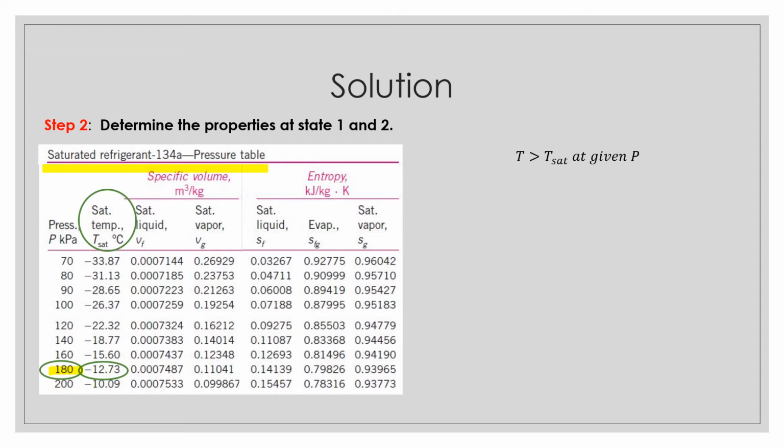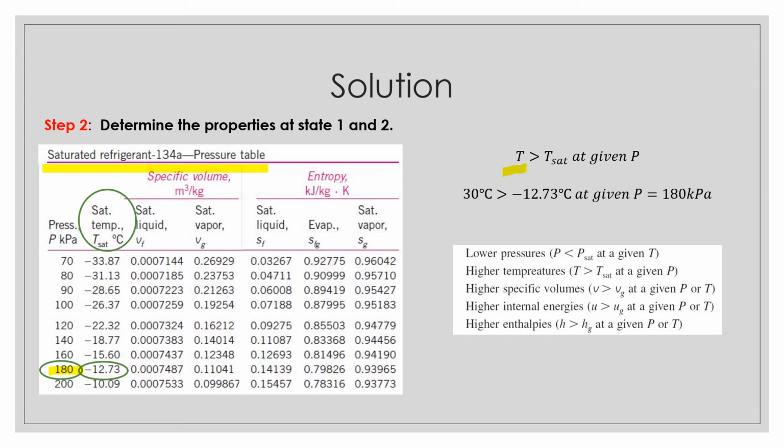Comparing to the given state, T is greater than T sat at a given P, or 30 degrees C is greater than negative 12.73 degrees C at a given P, which is 180 kilopascal. Based on this requirement, we can conclude that the higher temperature, T greater than T sat at given P, falls in the category of superheated.